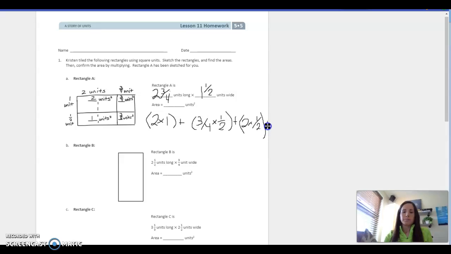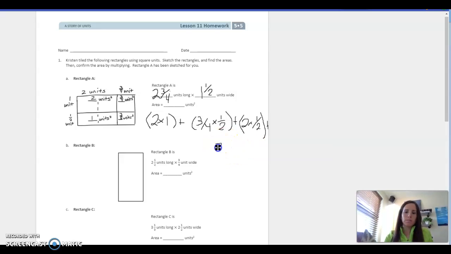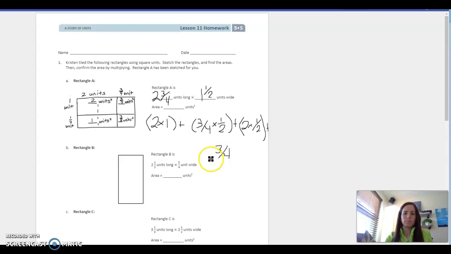Plus, now we've got 3/4, excuse me, 3/4 times 1. Okay, it's not going to allow me to write over there. So I'm going to do my 3/4 times 1.